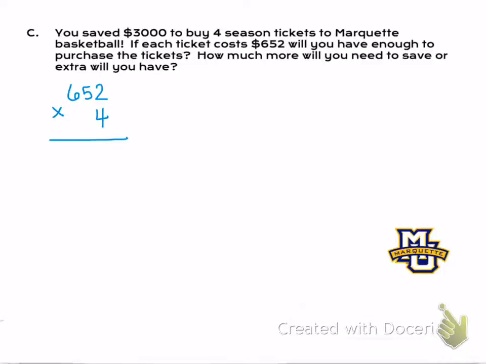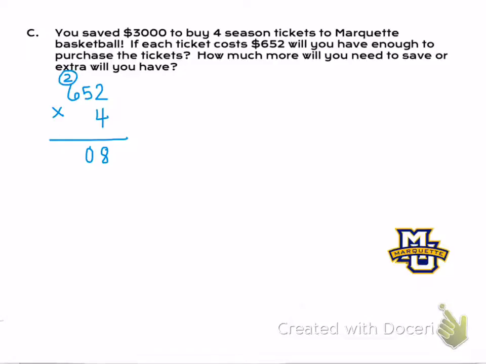Welcome back. So we know that we first have to figure out how much money the tickets will cost. If you're buying 4 tickets at $652, you have to multiply 652 times 4. 4 times 2 is 8. 4 times 5 is 20. Carry the 2. 4 times 6 is 24.